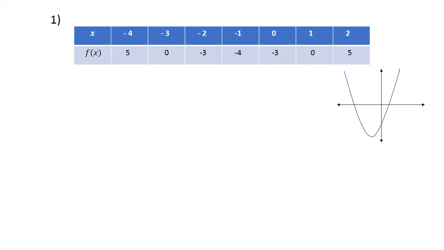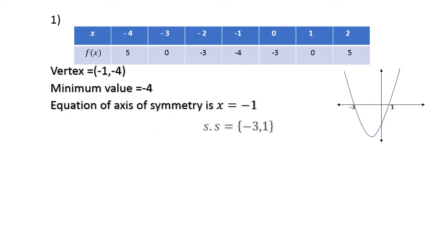And by representing on the graph copybook, the vertex here is negative 1 and negative 4, which has a minimum value equals negative 4, and the equation of the axis of symmetry is x equals negative 1.